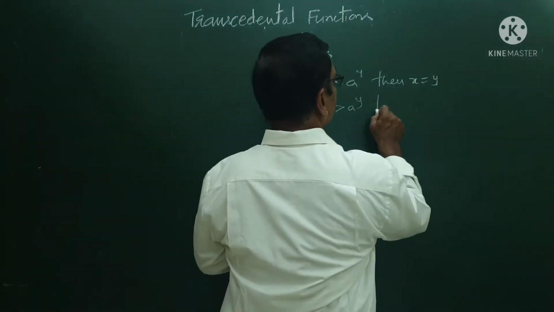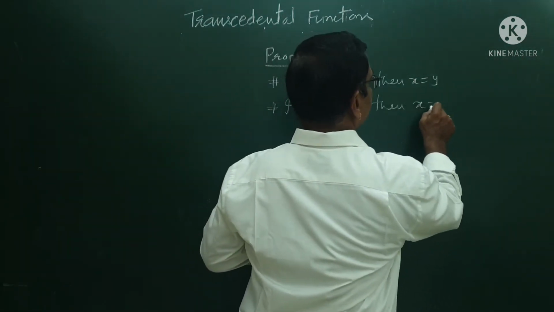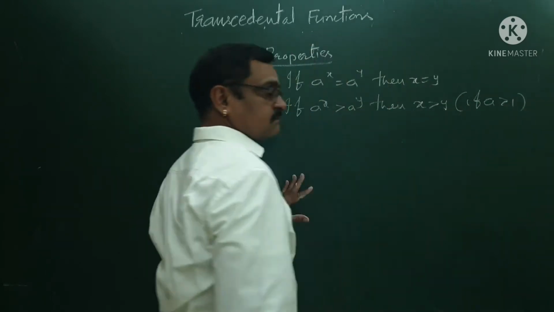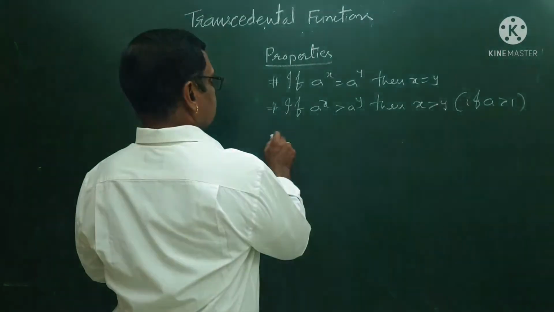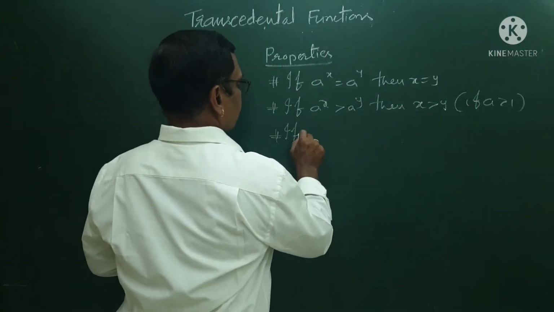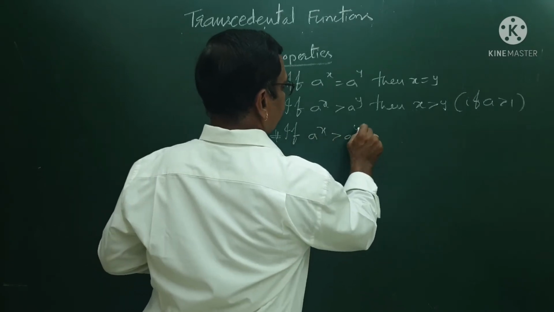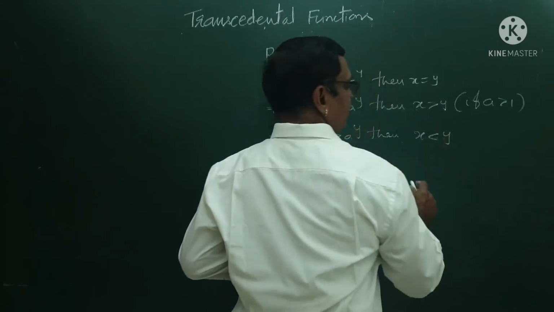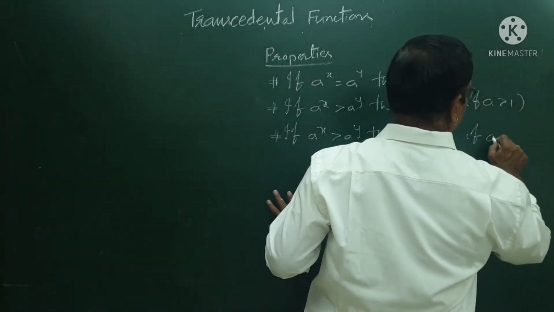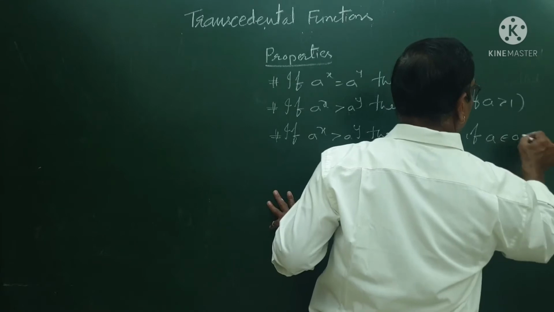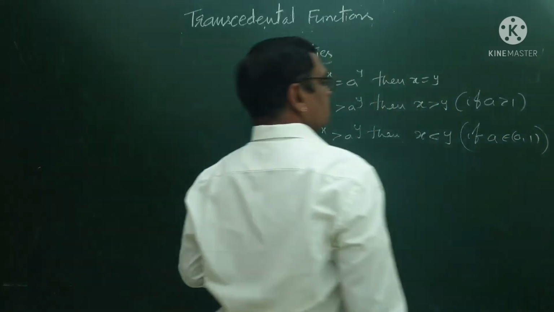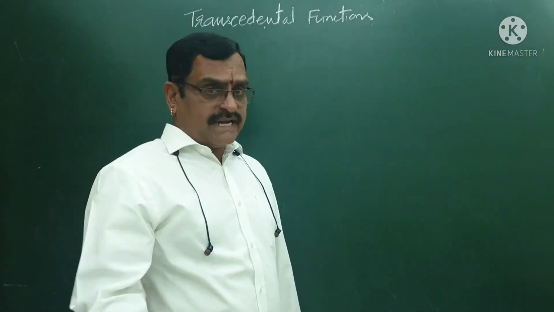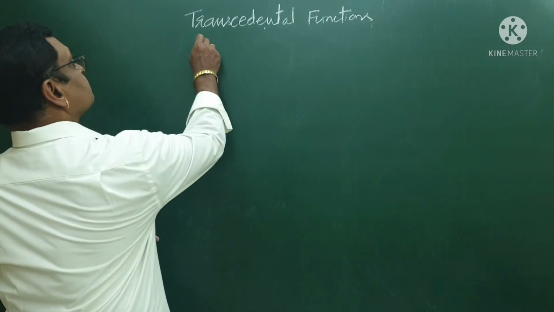It depends. x is greater than y if my a is greater than 1. Whereas if a power x is greater than a power y, then my x will become less than y if a lies between 0 and 1. So these are the properties. Please take it.